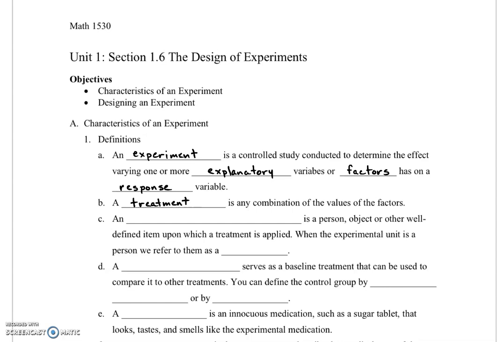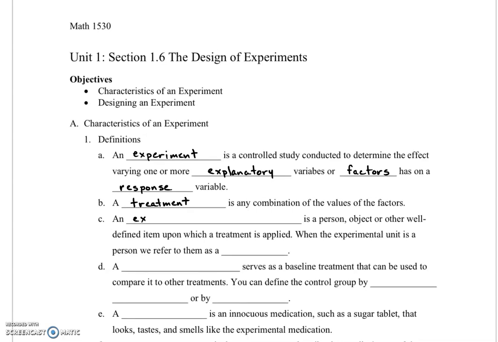Another treatment might be taking the medication and having a high-fat diet. Or it could be not taking the medication and having a high-fat diet. So it's any combination of the factors and their values.